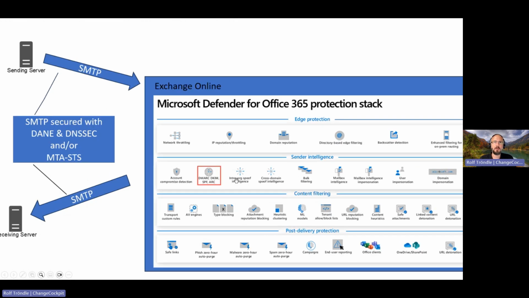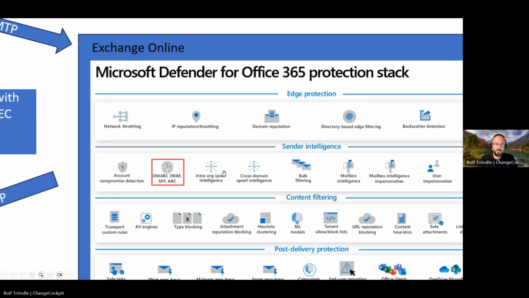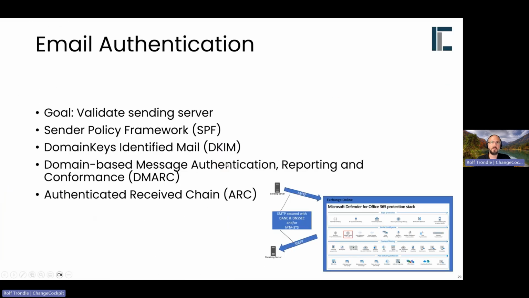And now it's about the protocols or the standards DMARC, DKIM, SPF, and ARC, which is part of the Defender for Office 365 protection stack. It's about the email authentication. We aren't talking about basic auth or username passwords here. We're talking about SPF, DKIM, DMARC, and ARC.